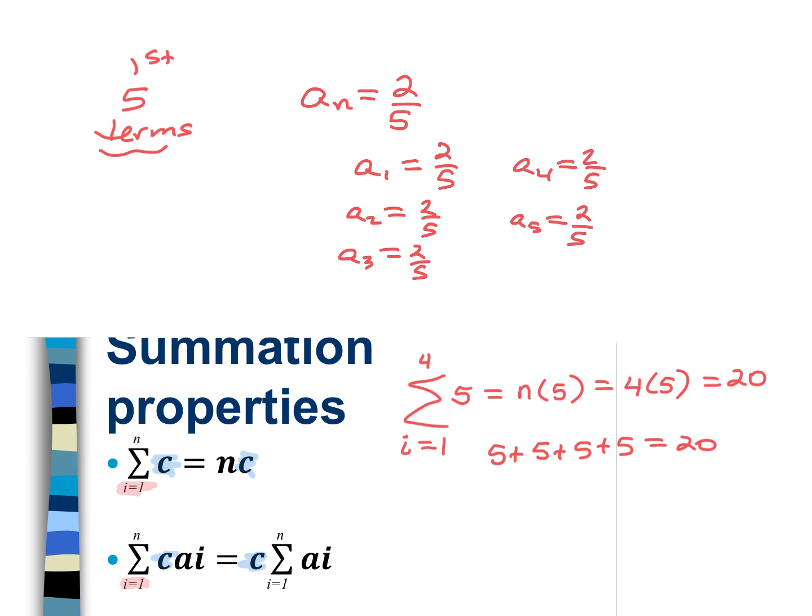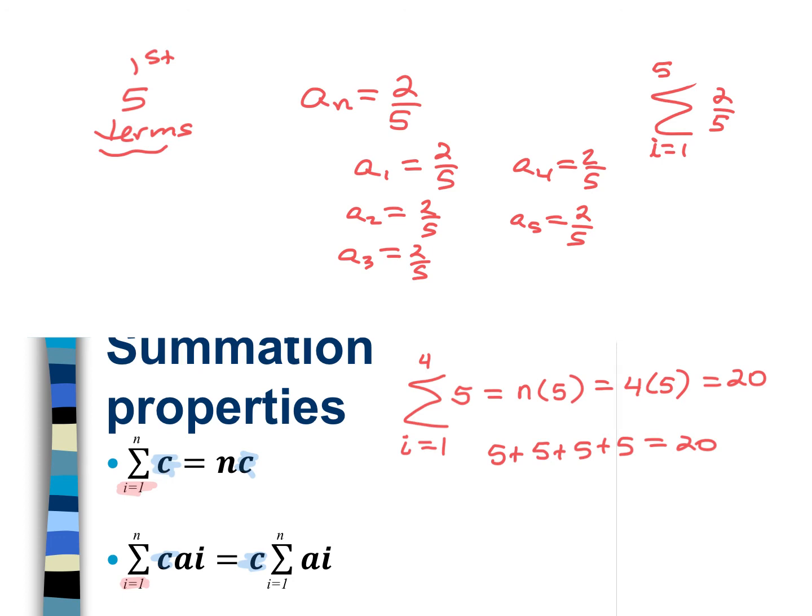Now, if this were the question and it said summation notation, and this was a 2/5, and let's say I put a 5 on top, and i equals 1, notice there's no place to put it.